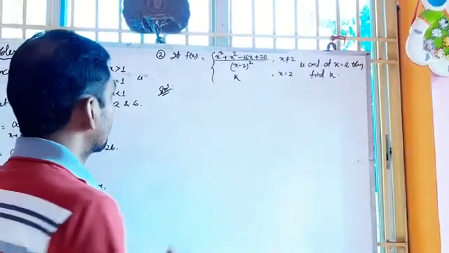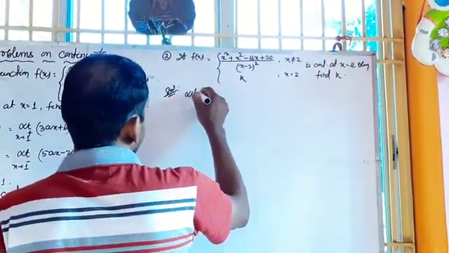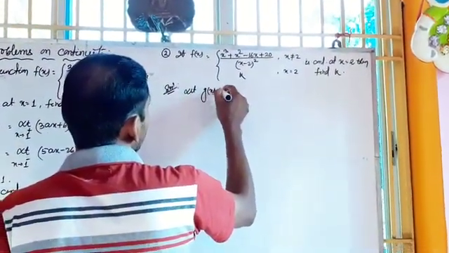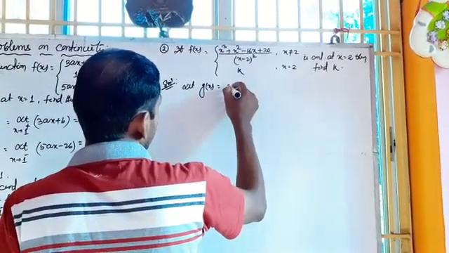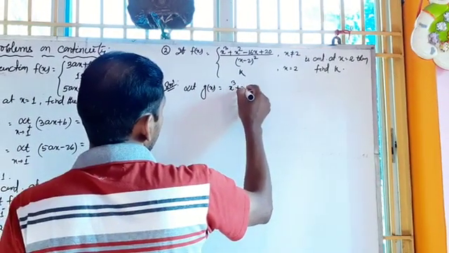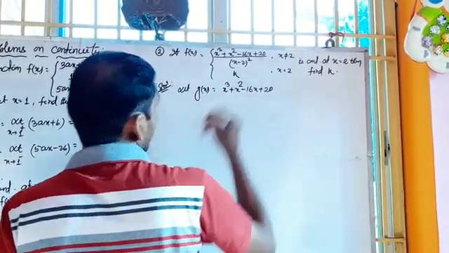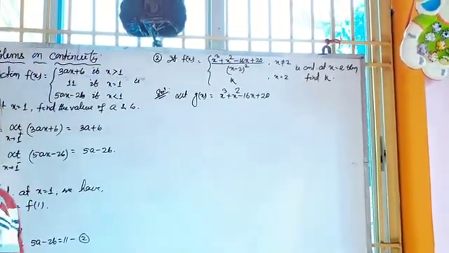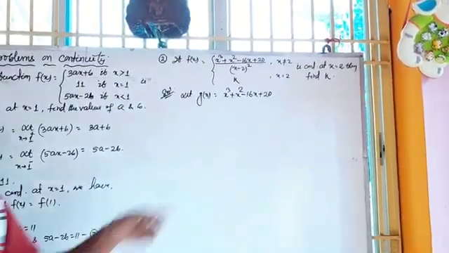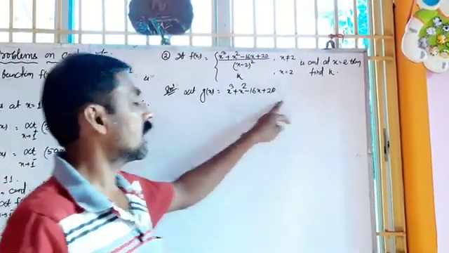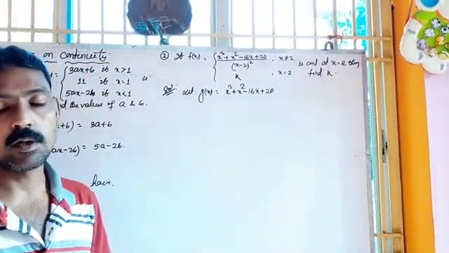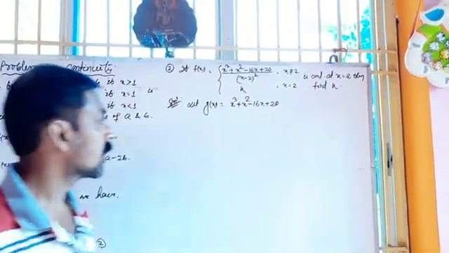And here we will take let g of x be x cube plus x square minus 16x plus 20. We have to factorize it. Now being a cubic polynomial, directly you cannot factorize it, so we will use the factor theorem.